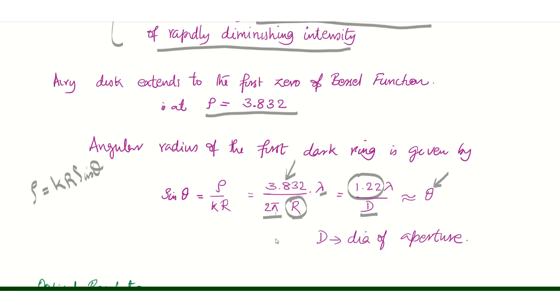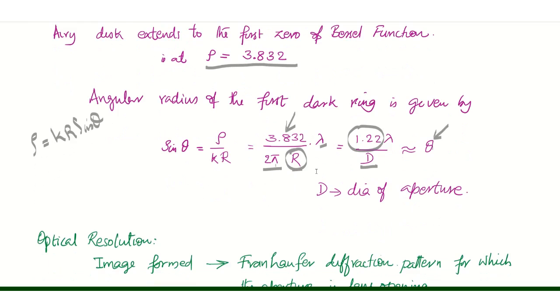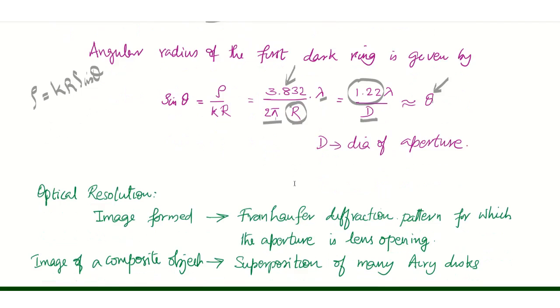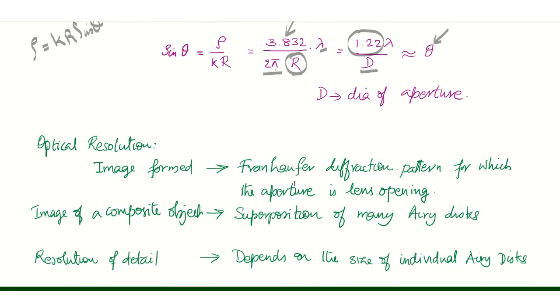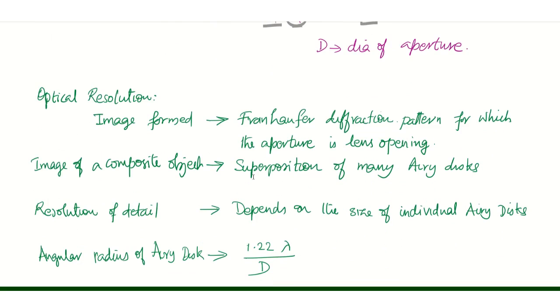That is the angular separation of the first dark ring from the center. You can use that to define optical resolution. For that we make certain clarifications now.